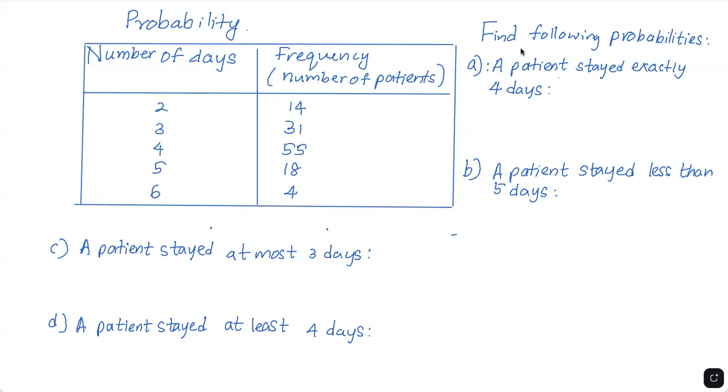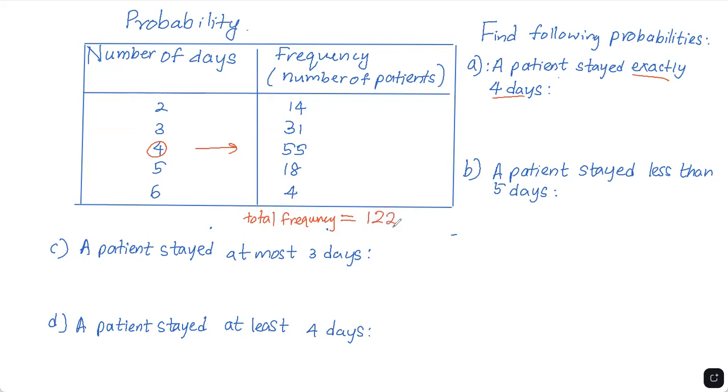We have to find the following probabilities. The first one is the patient stayed exactly 4 days. So you have to look at the 4 days. Exactly 4 days, the frequency is 55. To calculate the probabilities, you need to have the total frequency. So you have to add all these numbers, 14 plus 31 plus 55 plus 18 plus 4, which is 122.